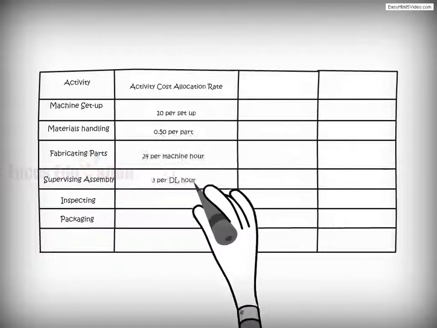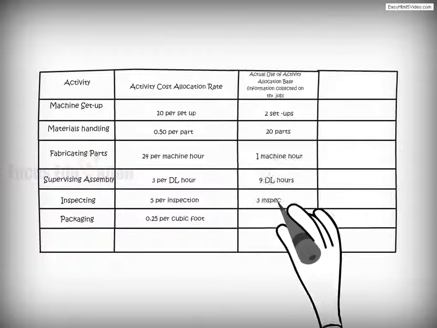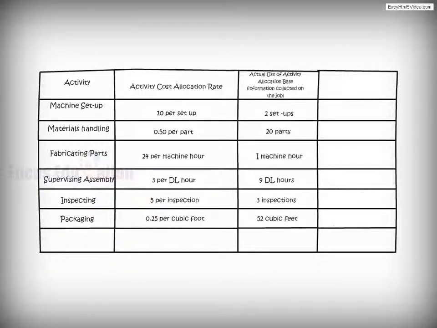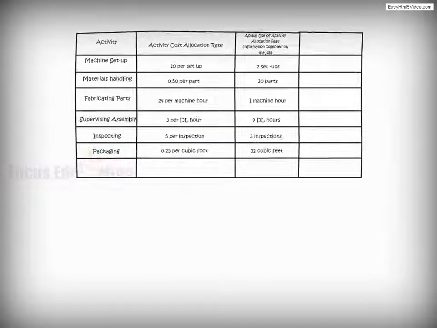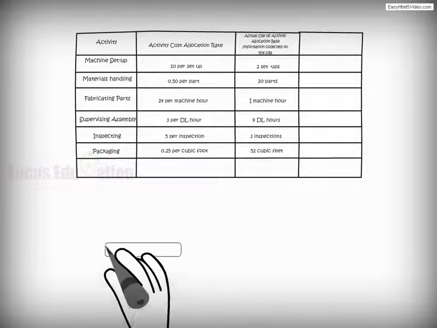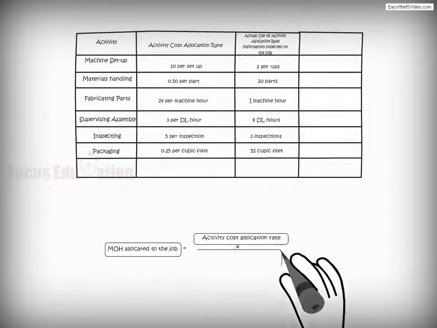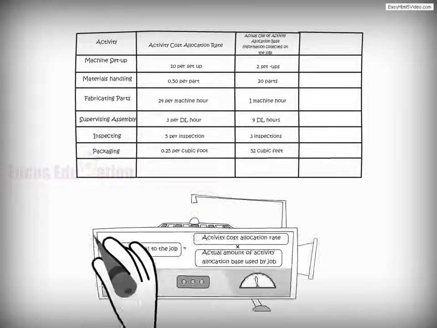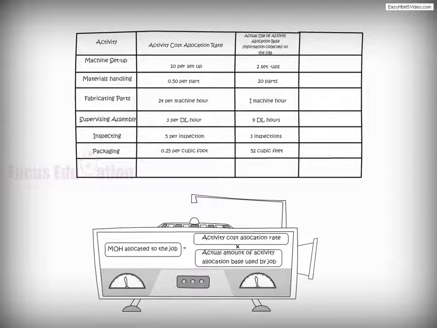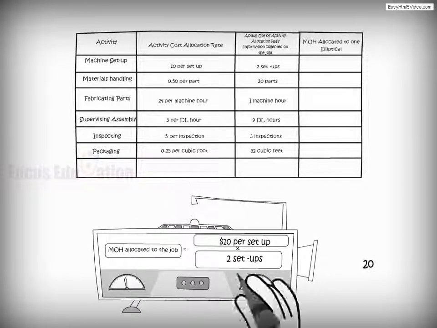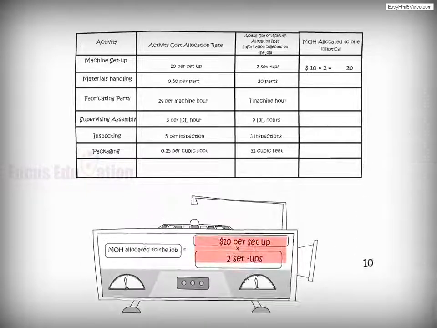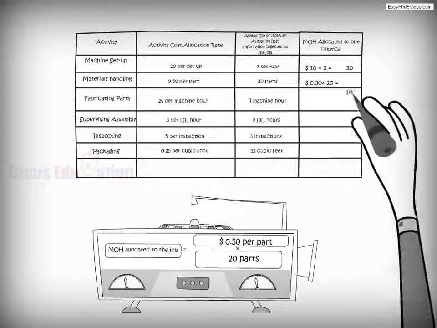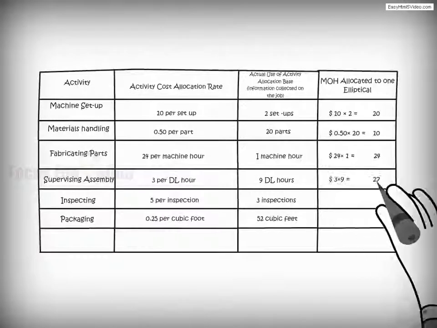In the fourth and final step, Life Fitness allocates some manufacturing overhead from each activity to the individual jobs that use the activities. This is calculated by multiplying the activity cost allocation rate into the actual amount of activity allocation base by job. For example, the activity cost allocation rates computed help the managers to allocate manufacturing overhead to a job in which one elliptical was produced.